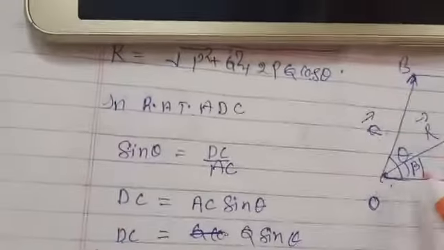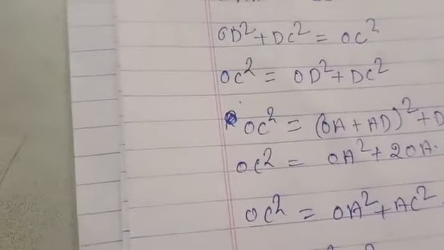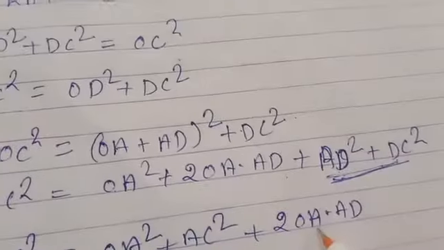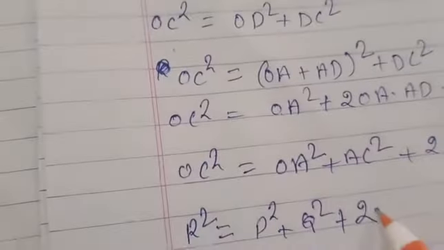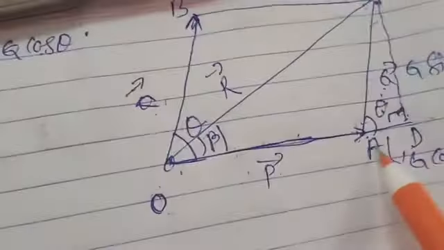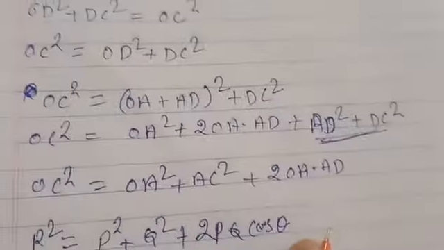AC square is equal to Q square plus 2 OA, OA is equal to P, and AD is equal to Q cos theta, we have already found this.